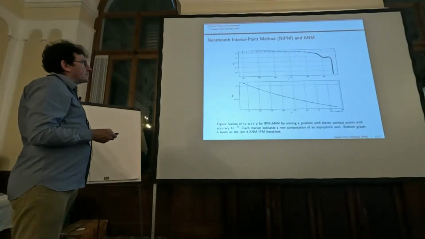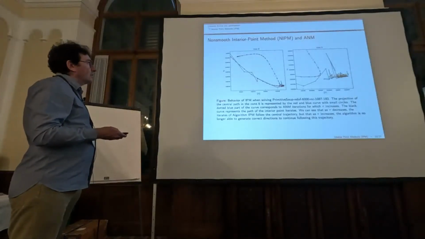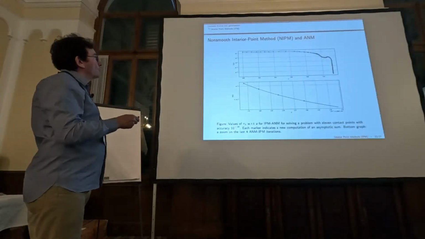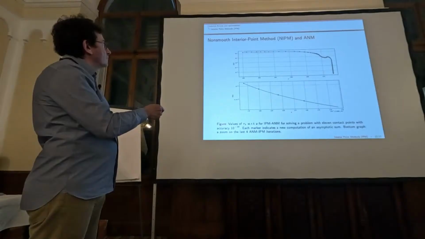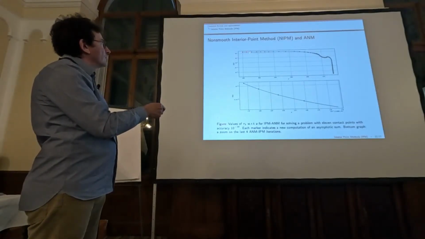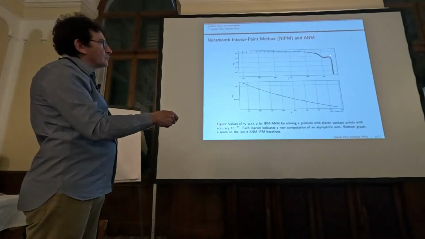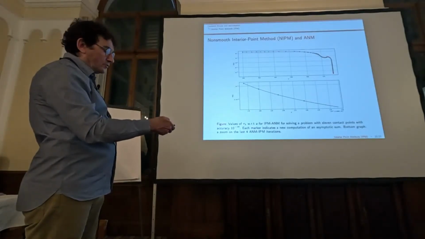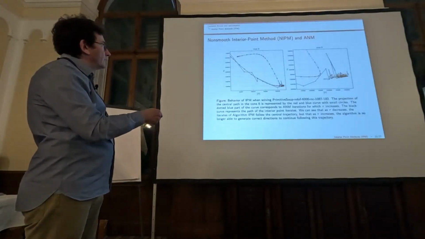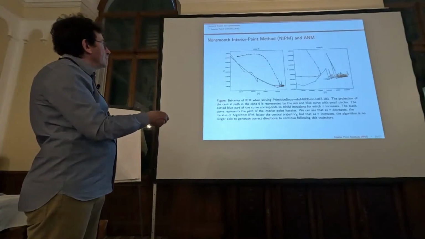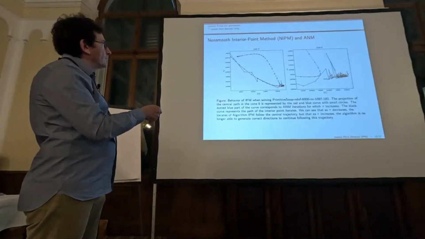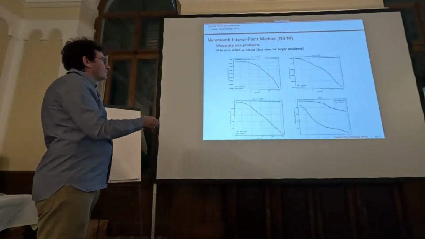And then what we get is this type of evolution of tau. Each dot is a new computation of the series. Tau is decreasing, and sometimes it is increasing and goes to 0, okay? So we follow exactly the central path. This is exactly what you see here: in red, you have decreasing tau, and in blue, increasing tau.